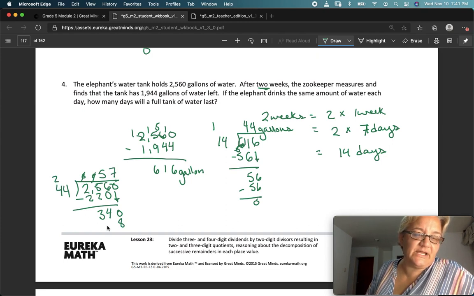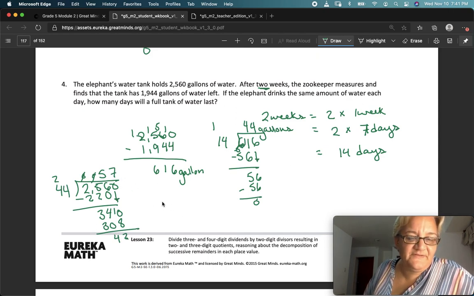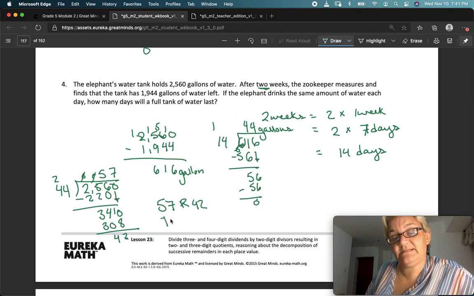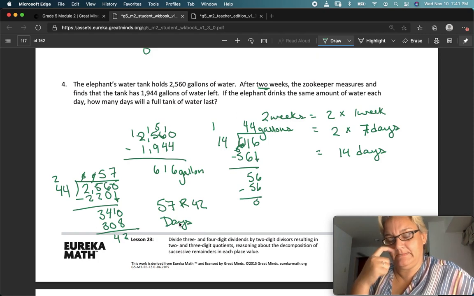Plus 2 is 29. 30. Okay, then we have 242 left over. So 57 days, remainder 42. Yeah, 57 days with a little bit left over, almost 58 days.